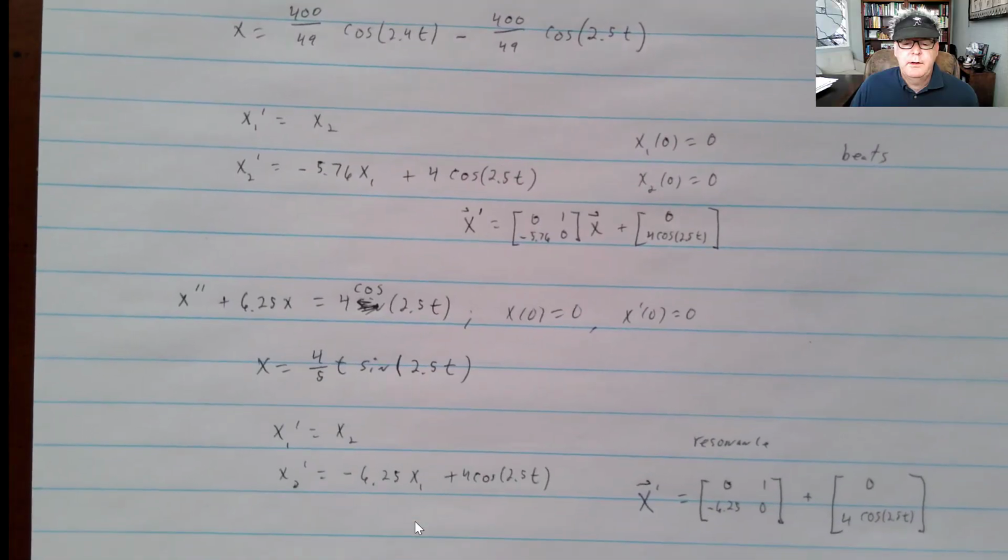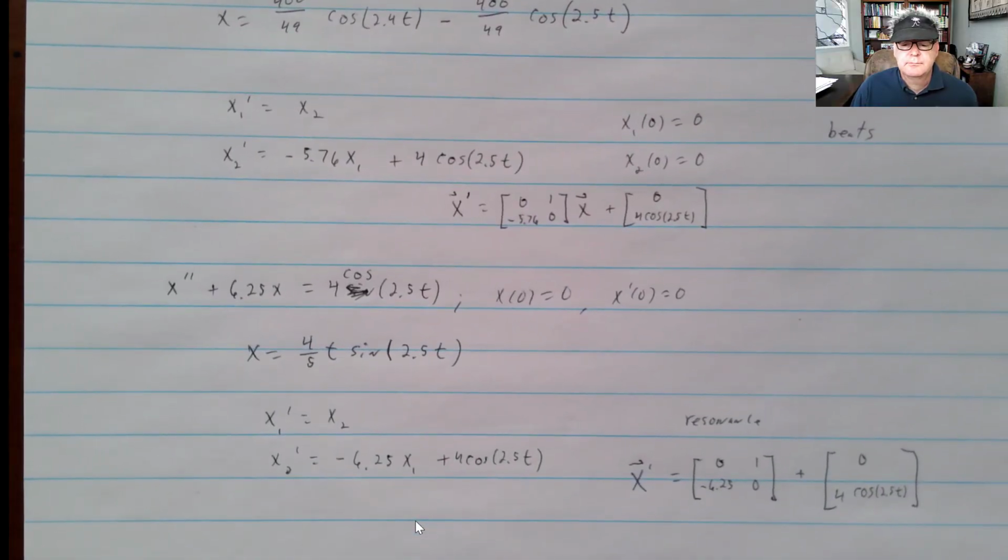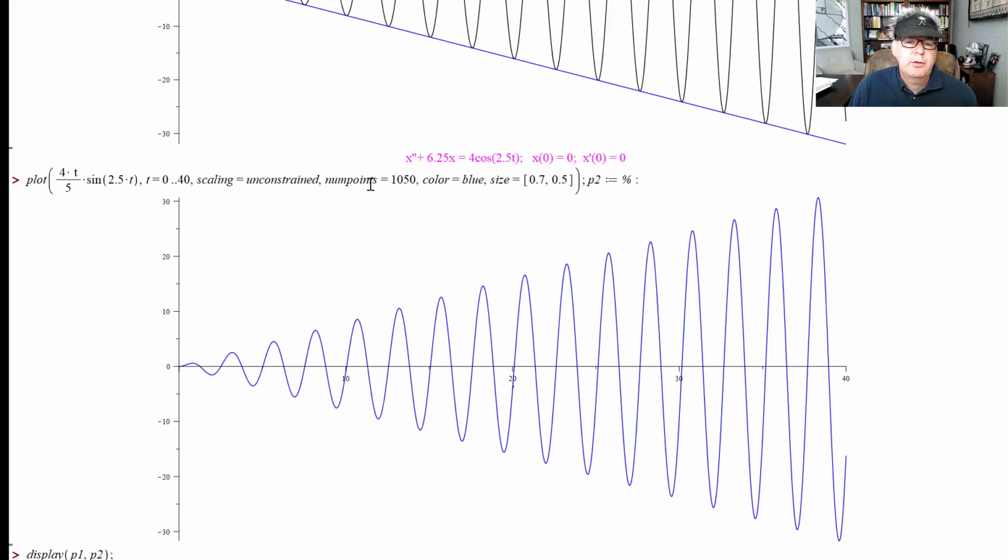And then with resonance, this will be the solution, which pictorially is like this. With resonance, your amplitude grows. Here's the solution, 4t over 5 times sine. So it's a sine wave that's kind of expanding as time goes on.